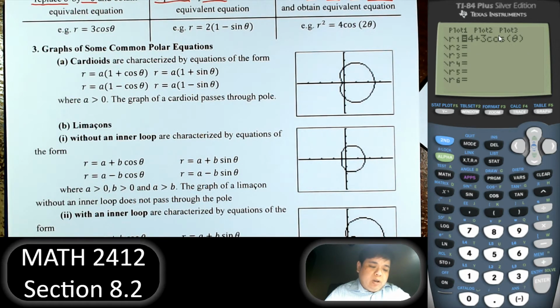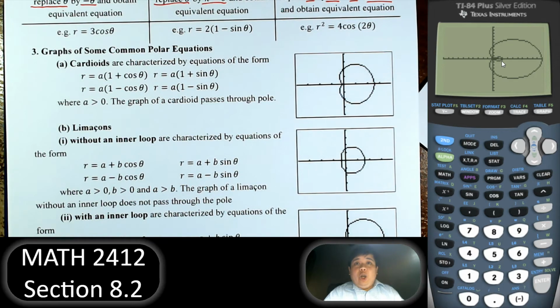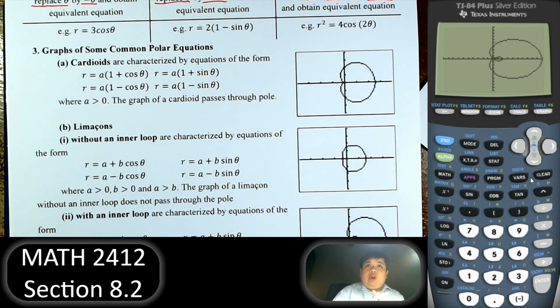If we want a loop, we have to choose a less than b. Now we have the loop, too small to see. So how about 4 and 6? So we have the graph of the limaçon with a loop. So it depends on where we choose the numbers a or b, we have a loop or not.